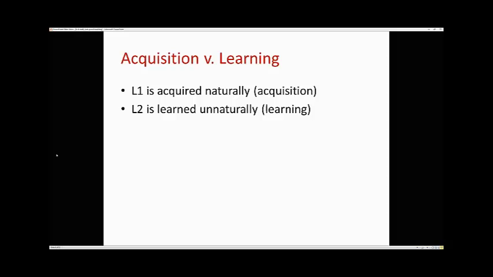However, it's still occurring in a learning environment, and it is not then the same as learning your first language. We may try to make it as natural as possible, but it's still not the same. This is then another difference, to my mind, between good teaching for everybody and specific teaching for English learners.